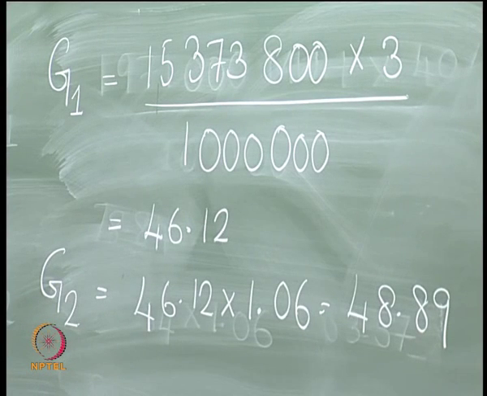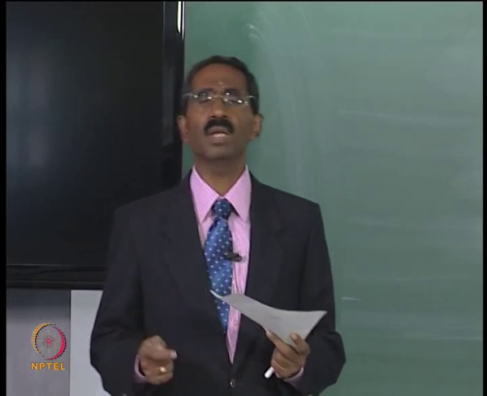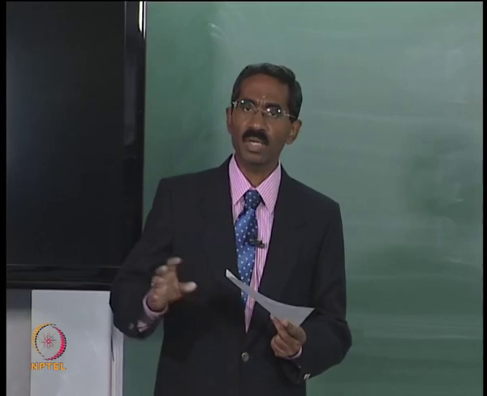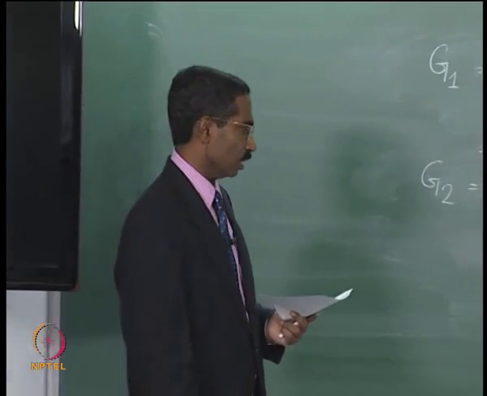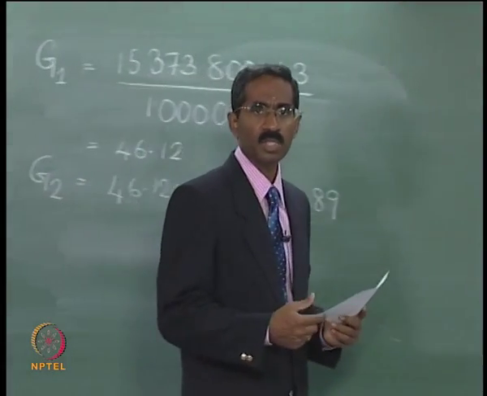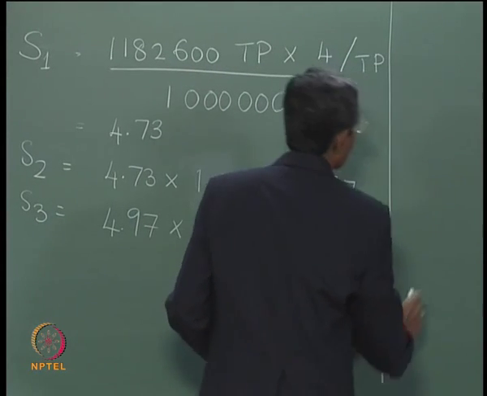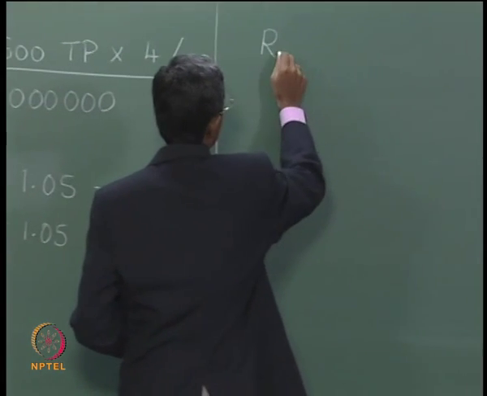Okay, with this we are ready to find out the cash flows from the project for each and every year. So the cash flows from the project for each year are determined as follows. We start with revenues.